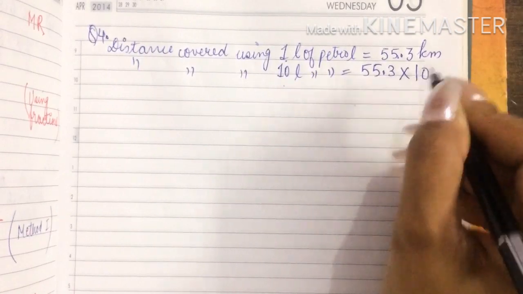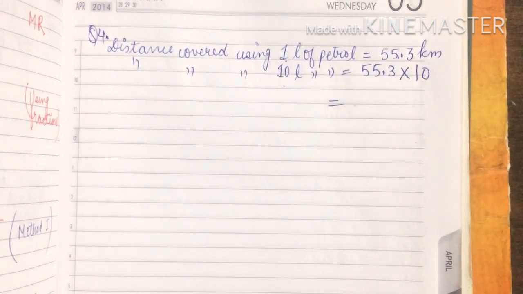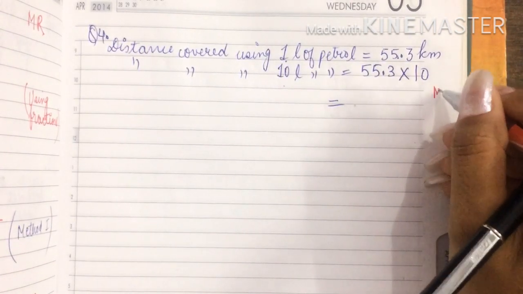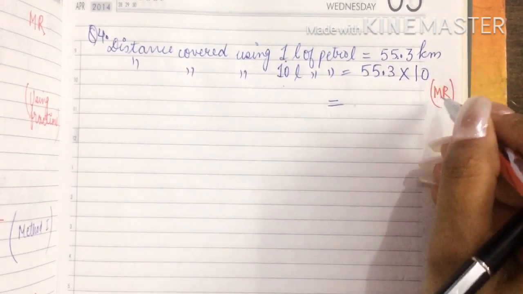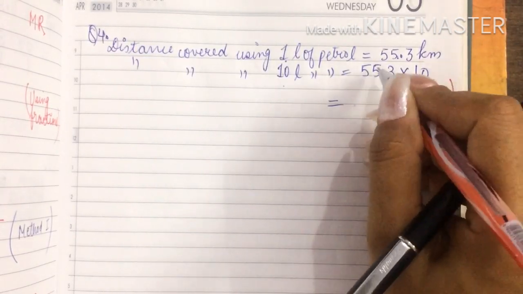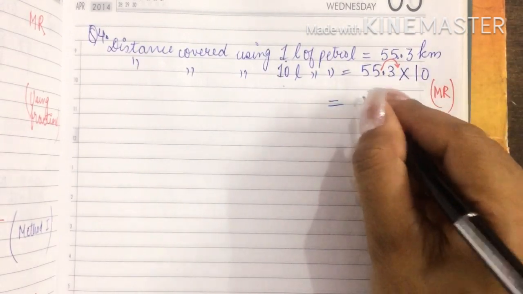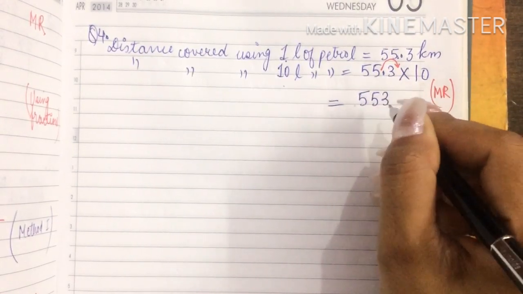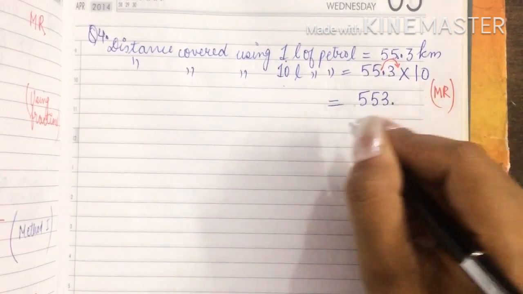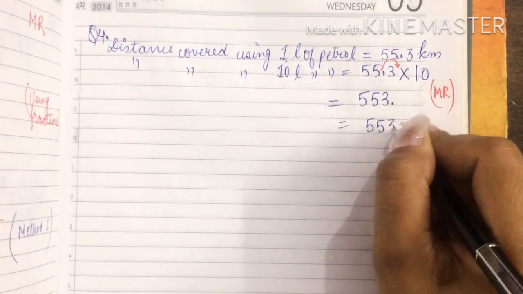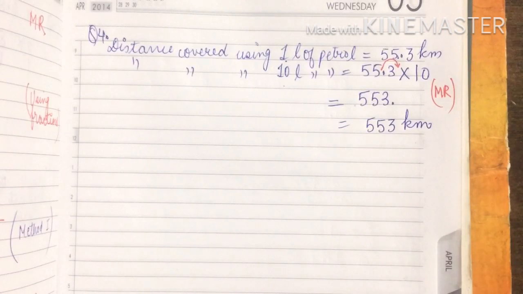Now this is multiplication with 10. I'm using the shortcut. The shortcut is multiplication with 10, move the point 1 place. So this will be 553. The point will reach at the end, which can be ignored. So 553 kilometers is your answer.